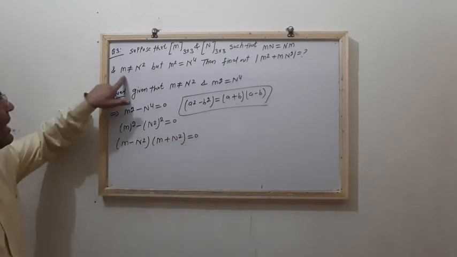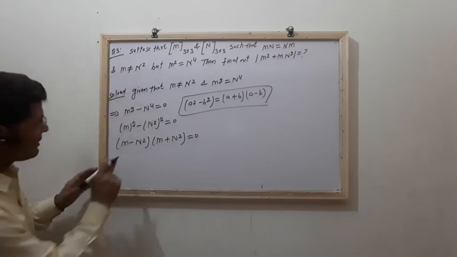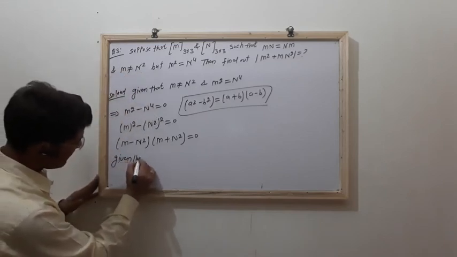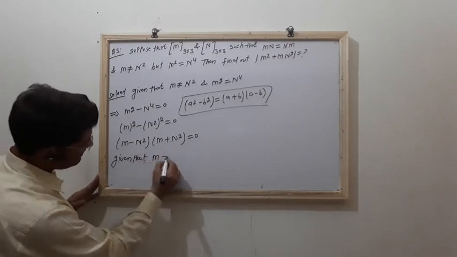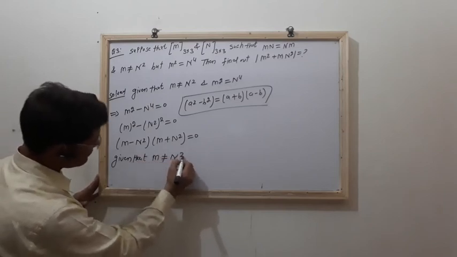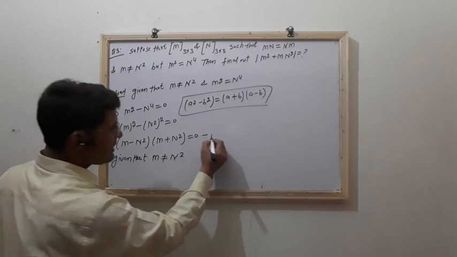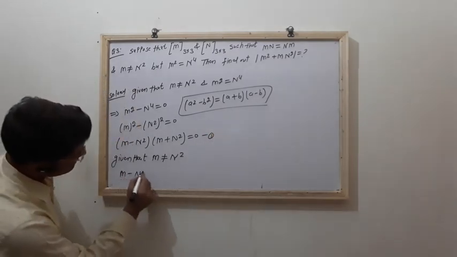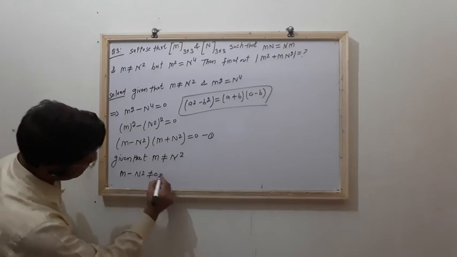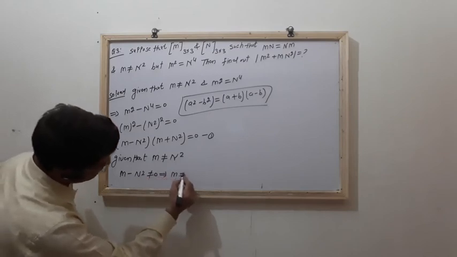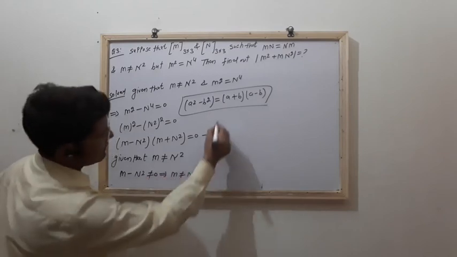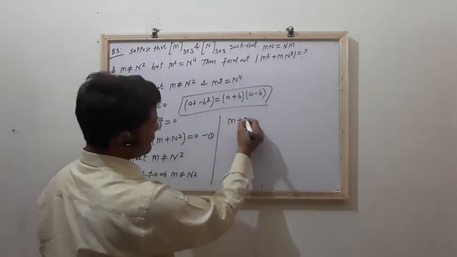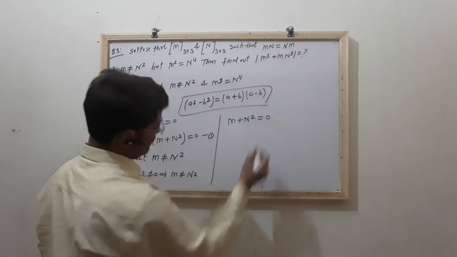Again, given that M square is not equal to N square, so that in equation 1, M minus N square is not equal to 0. Again, M plus N square is equal to 0.